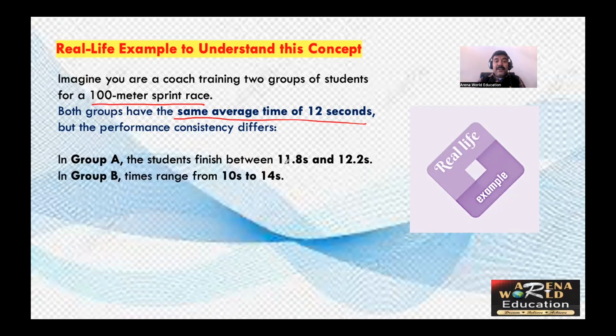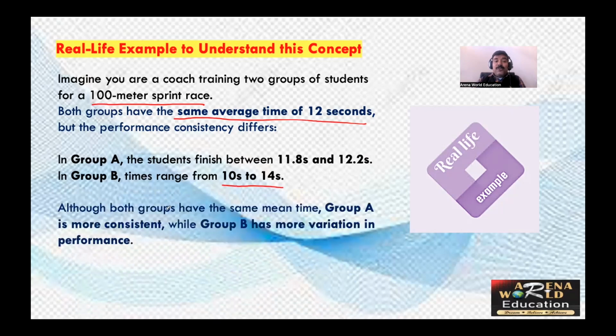But in group B, the time ranges from 10 seconds to 14 seconds, right? Although both groups have the same mean time of 12 seconds, in group A the students finished between 11.8 and 12.2 seconds.